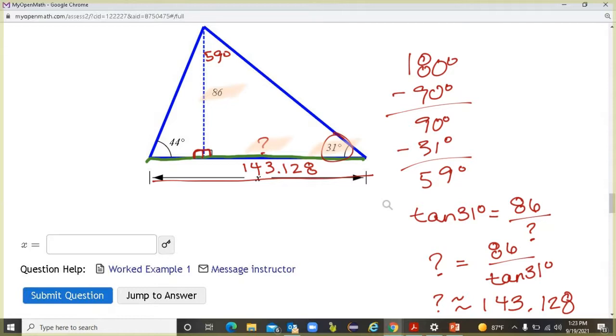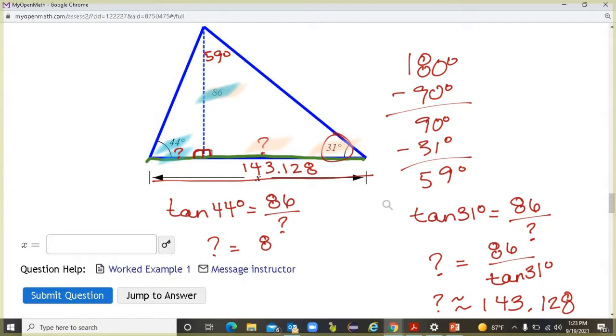So now I'll come over to this second triangle and do the same thing I just did. From this angle, I know opposite and I need adjacent. So I'm going to do tangent again. Let's call him a question mark again. So the tangent of 44 degrees would be equal to his opposite over his adjacent. So same thing.